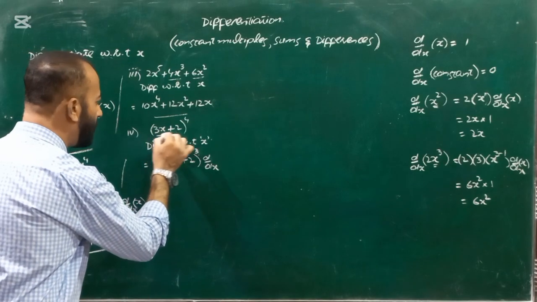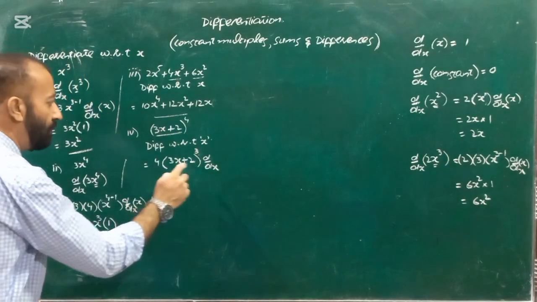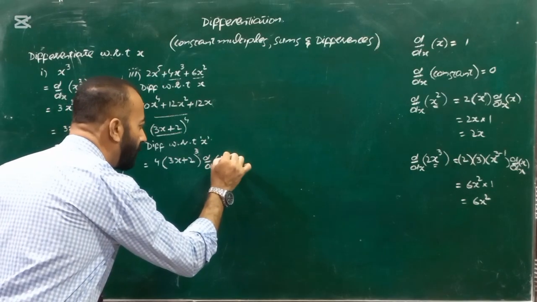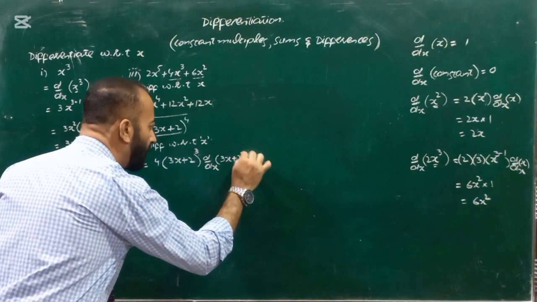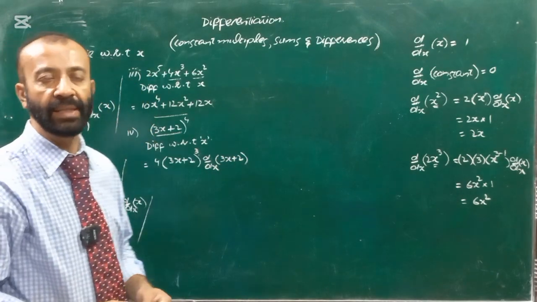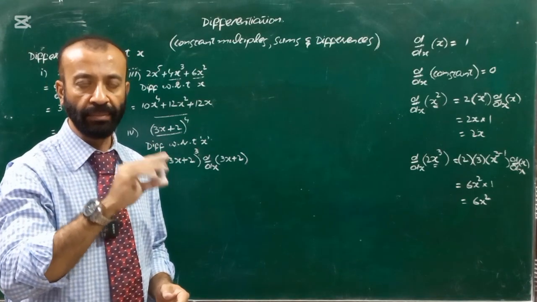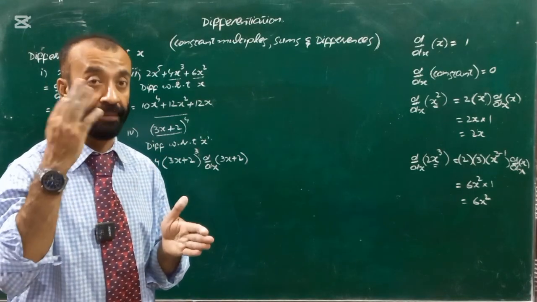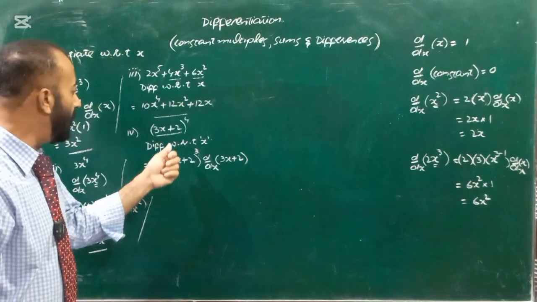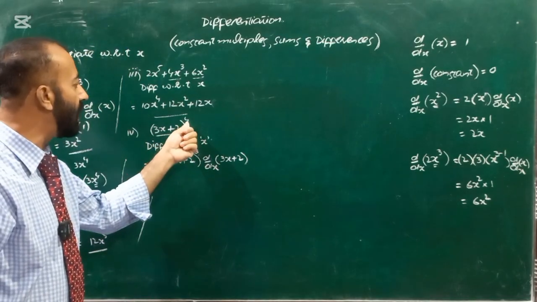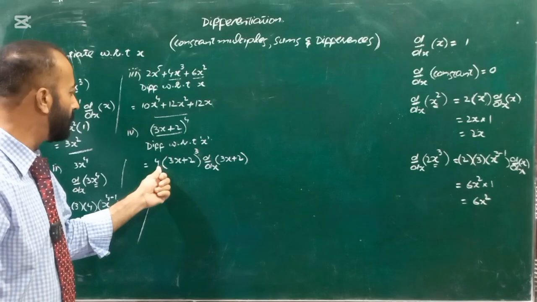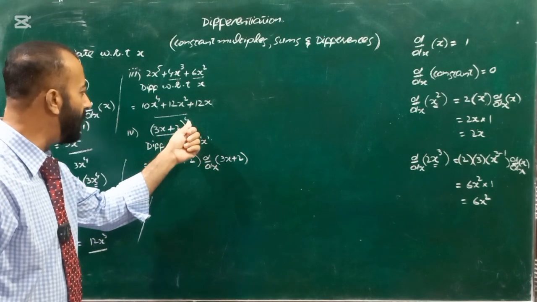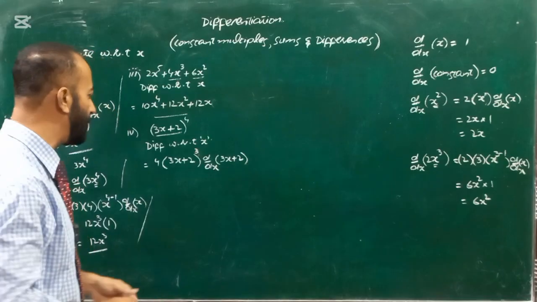This is the factor which is having power, so we have to take the differential of 3x plus 2. Again, repeat the sentence in your mind: power will come down, make 1 less from the power, and take the differential of the thing which is having power. In this question, 3x plus 2 is having power. So this is the step.